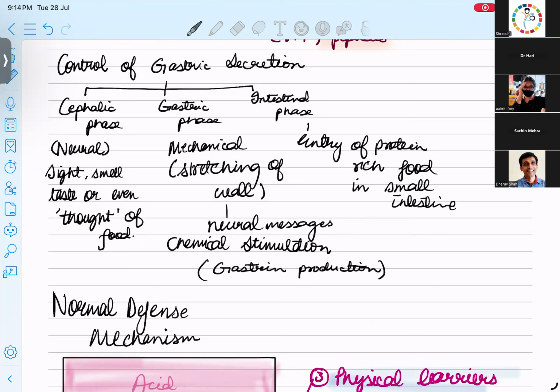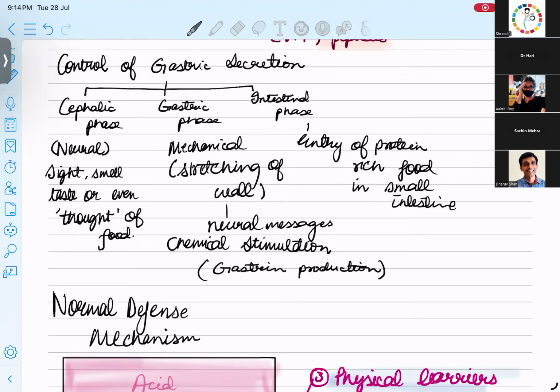So even the sight, smell, or taste, or even the thought of food has a role, and the acid starts getting secreted. Then there is, of course, the gastric phase, which is mechanical and is characterized by stretching of the wall. So neural messages के through mechanical stretching of the wall होता है, and then chemical stimulation से gastrin gets produced.